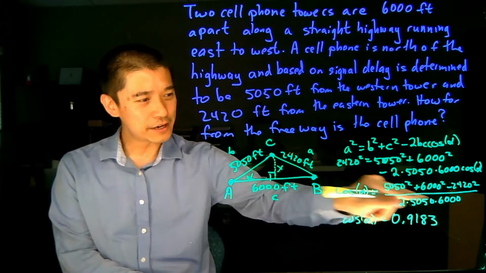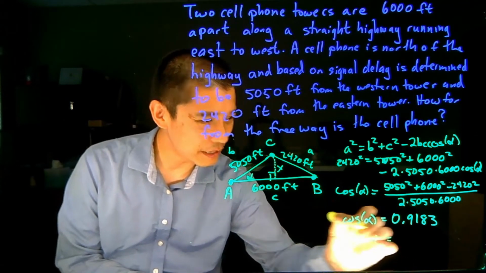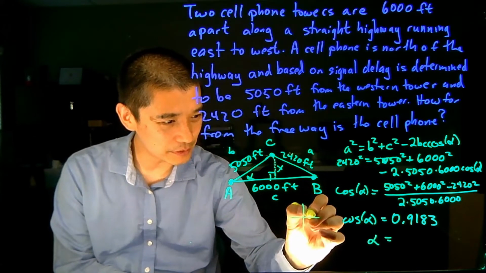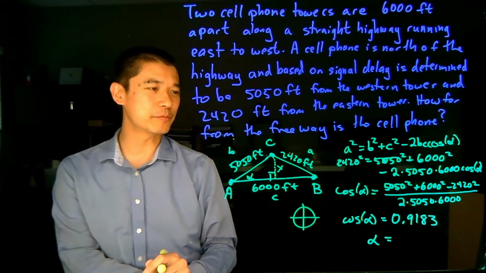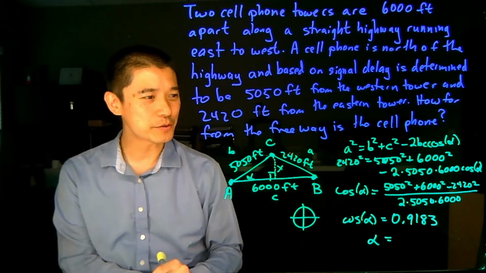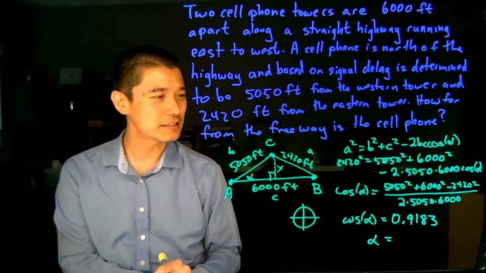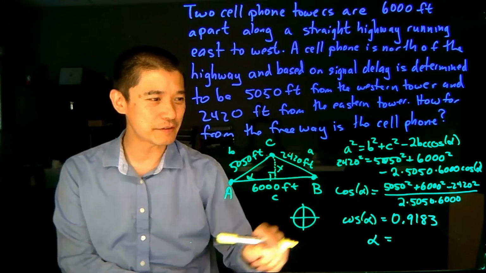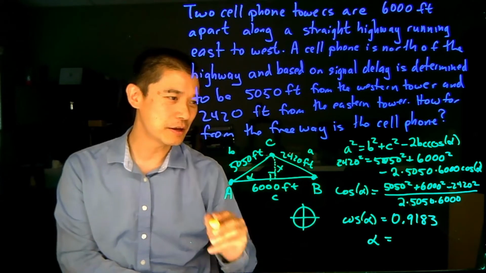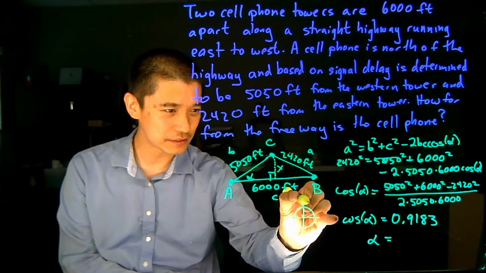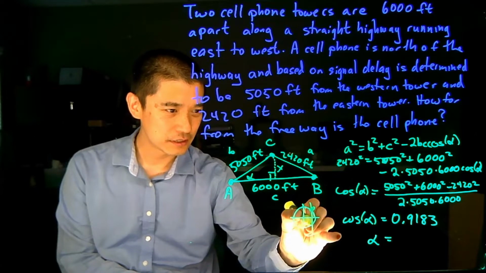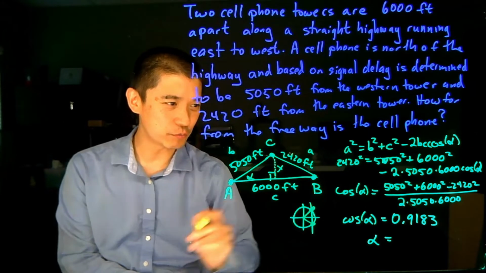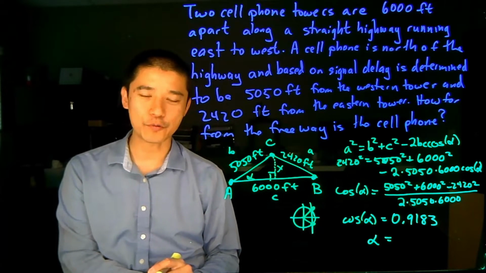You can use a calculator to get the value of alpha here. Now we do need to at least think about this, but it'll become clear why this doesn't matter so much in this particular situation. Cosine of alpha is equal to a positive value. Cosine corresponds to the positive x direction. And so we're going to get an angle in quadrant 1 and an angle in quadrant 4.